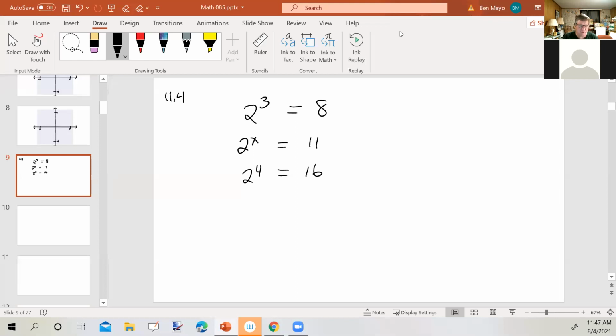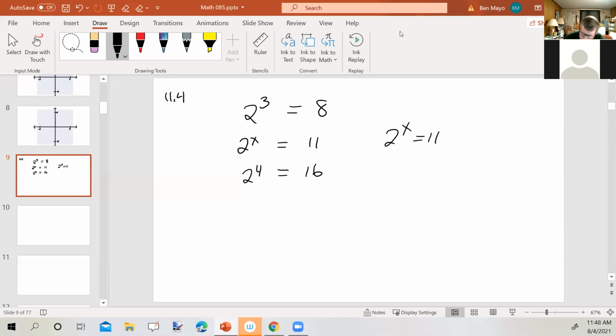But what is it? Well, I suppose we could trial and error, go 2 to the 3.1 power, 2 to the 3.2 power, etc. And over time and trial and error, we could get as accurate as we needed to. But there's a better way to do that, where we have a situation where the unknown is the exponent. And that is something called logarithms.